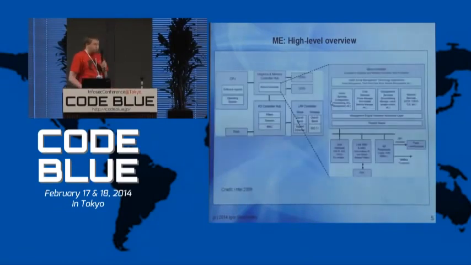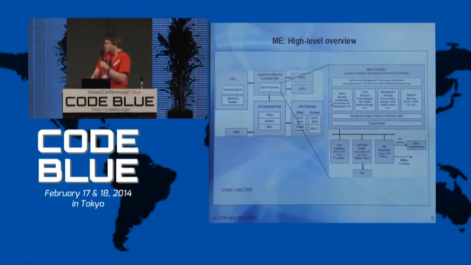So this is a diagram from some Intel documentation. It's a bit outdated, but you can see that this is the microcontroller which resides, in this case, in the graphics and memory controller hub. It's the old kind of chipset. And inside it runs the ThreadX kernel.